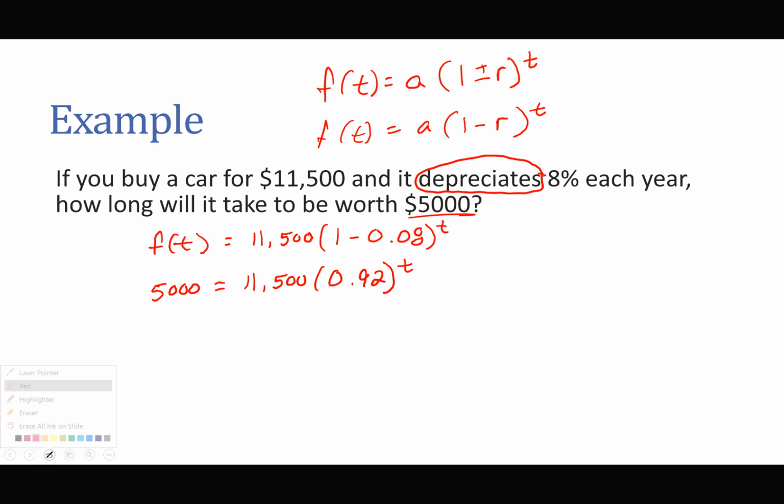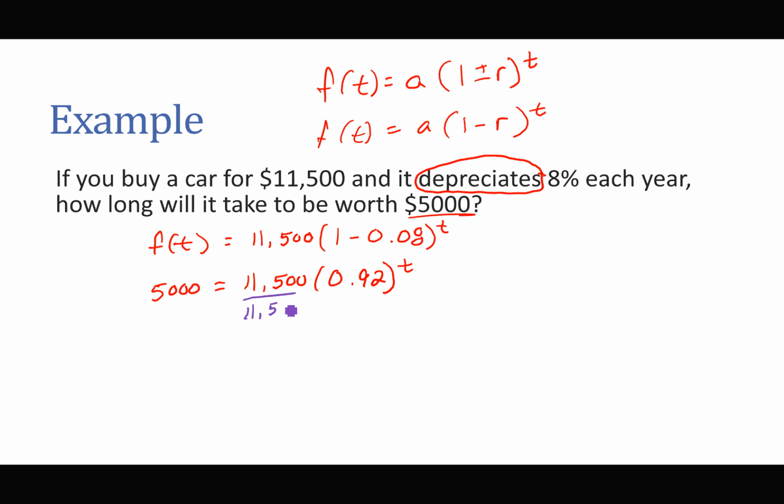So we have an exponential that we need to solve for that unknown exponent. Again, first step, we want to isolate where we only have the base and the exponent alone on one side of the equation. So what do I have to get rid of from this one? I want to get rid of this.